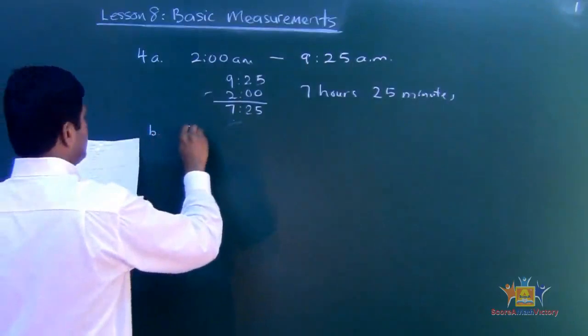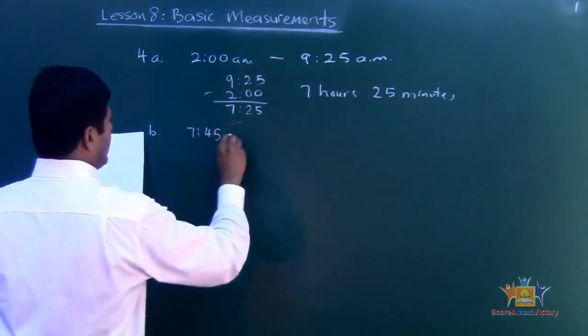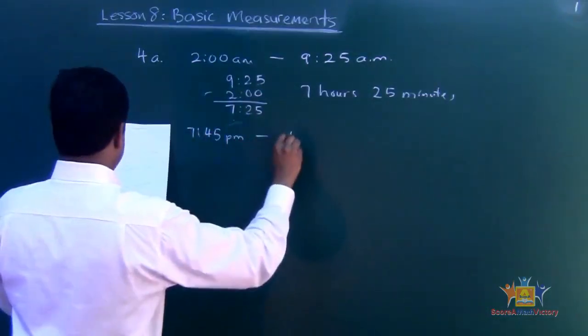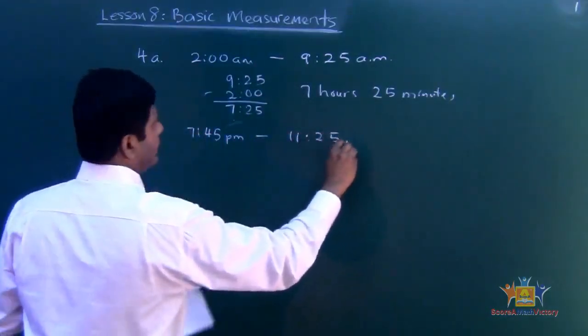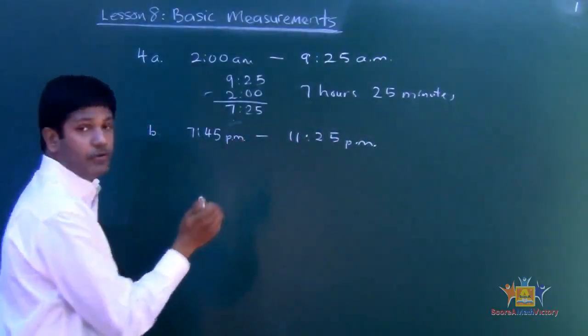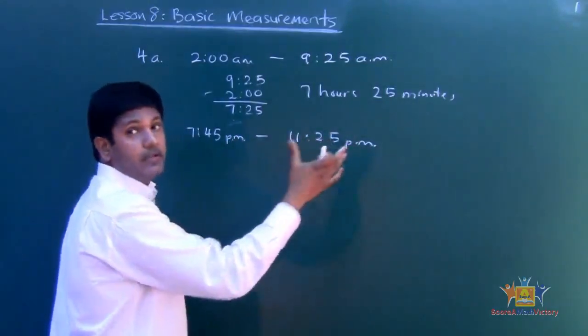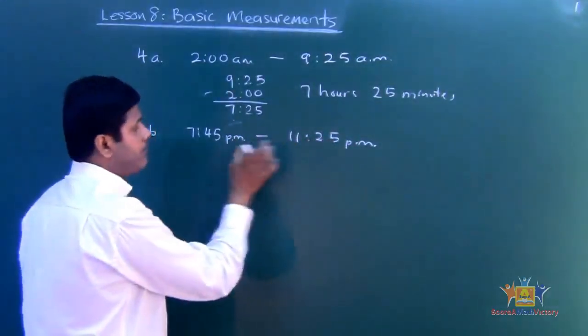Okay, so you're given 7:45 p.m. to 11:25 p.m. So what's our principle? The first thing we have to do is we check, make sure they both are the same part of the day, which is PM, PM.